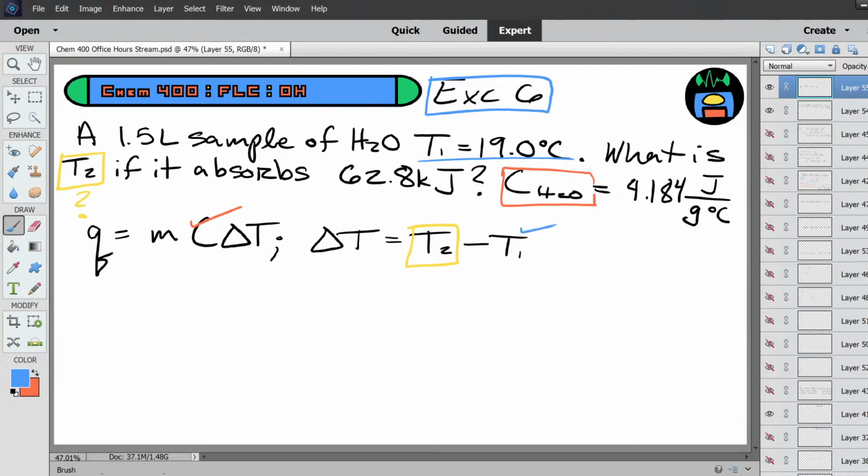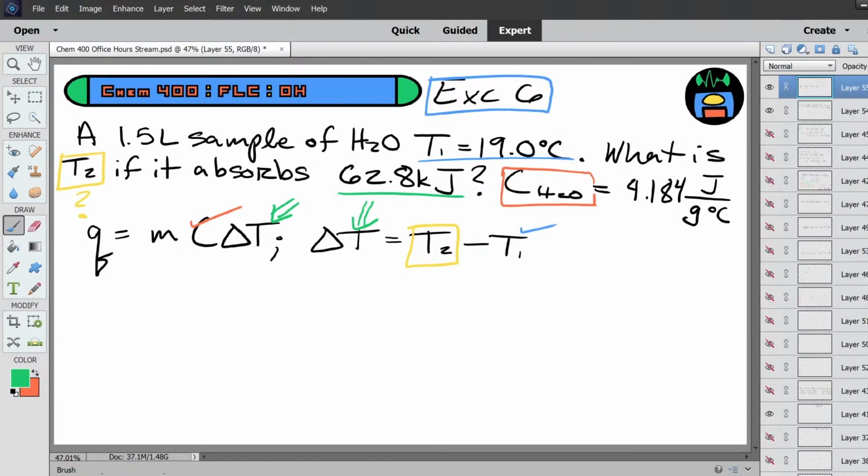The second thing we need is change in temperature, which is in Q equals mcΔT. We can find delta T if we know the mass and the change in thermal energy.